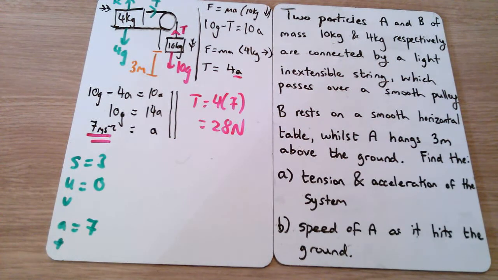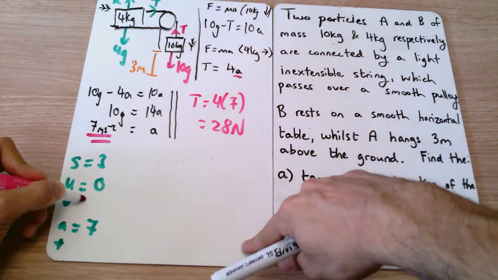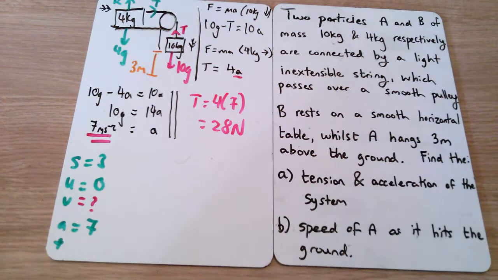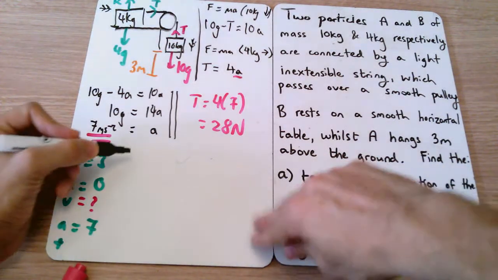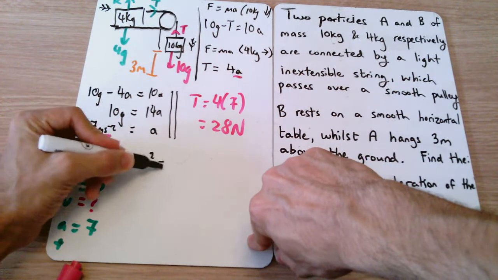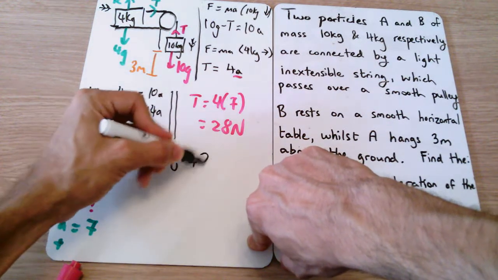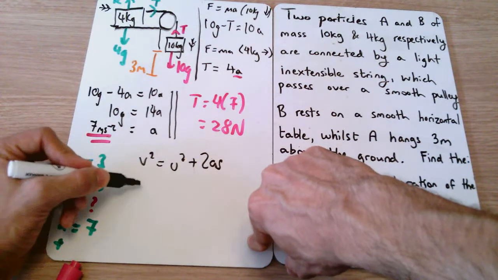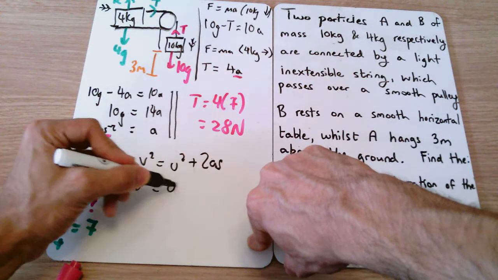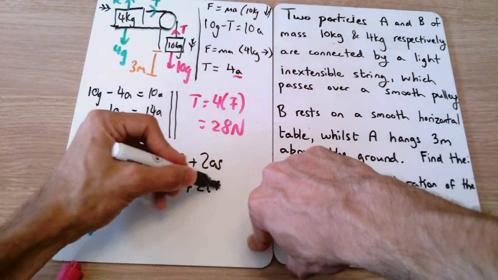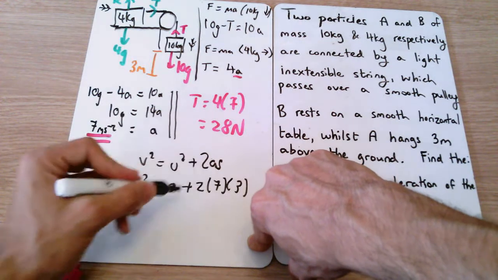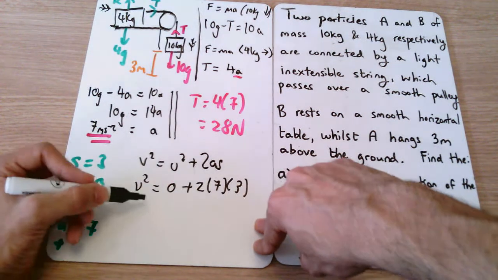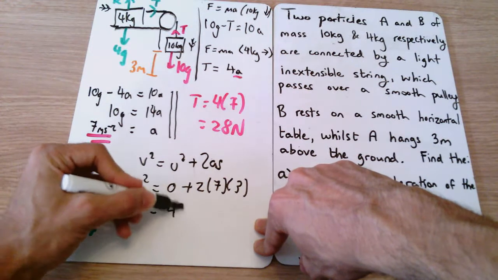If you are working out the speed of A as it hits the ground, you are simply using one of your kinematics formulae, which is going to be v squared equals u squared plus 2as. V squared here we don't know, u squared is 0. 2 times 7 times 3. 2 times 7 is 14. 14 times 3 is 42.